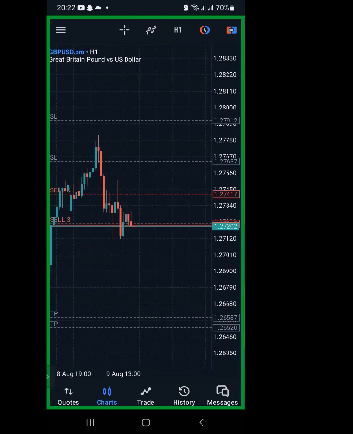So I entered again. Now, if you realize, the second entry is actually not playing out as anticipated. Bear in mind, the moment price moves above that particular entry, it will be in loss. But the first entry will be in what? Profit. It happens. It's normal.